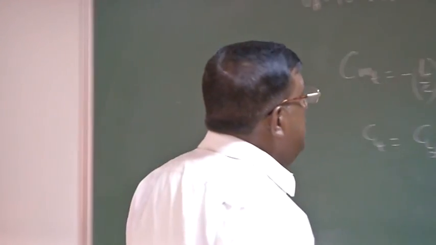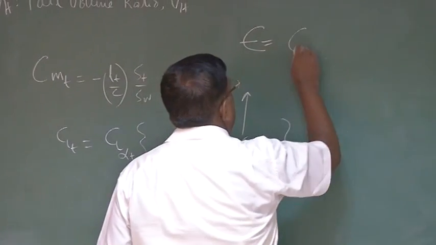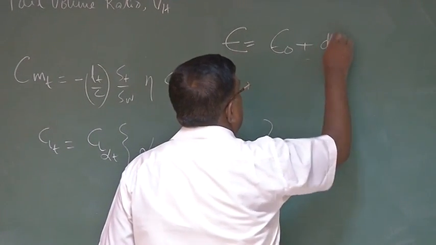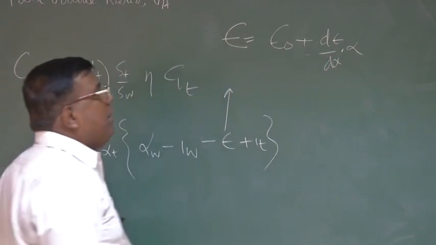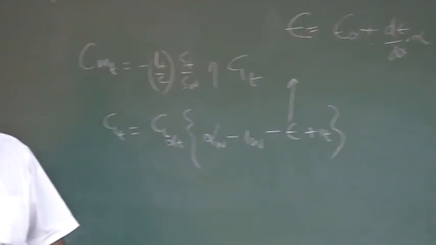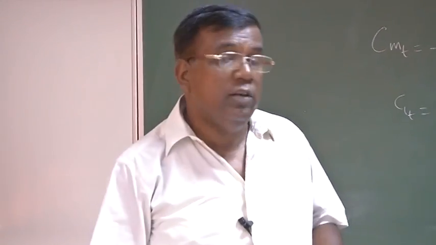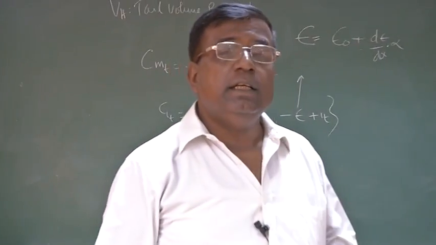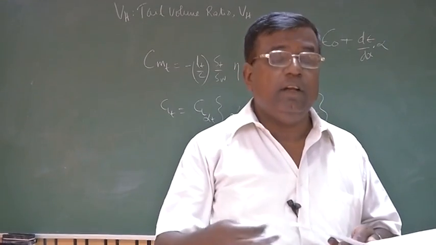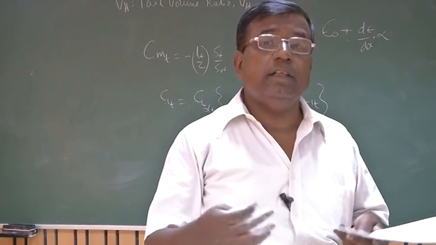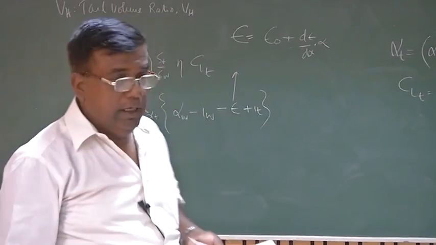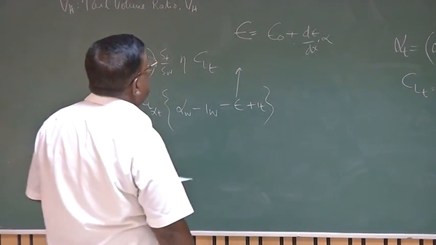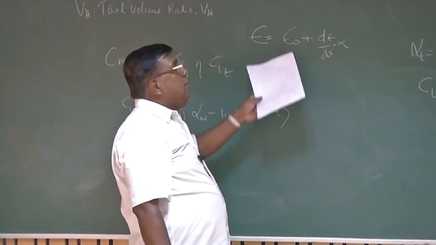So they are linearly modeled as epsilon naught plus d epsilon by d alpha into alpha. What is epsilon naught? Even at alpha equal to 0, you can have a downwash, which is rightly so. If my wing is cambered, then at alpha equal to 0 there is a lift, there is a CL naught. So there is a pressure difference that will also give a downwash. That is epsilon naught. If the wing is symmetric, the epsilon naught value will be 0.